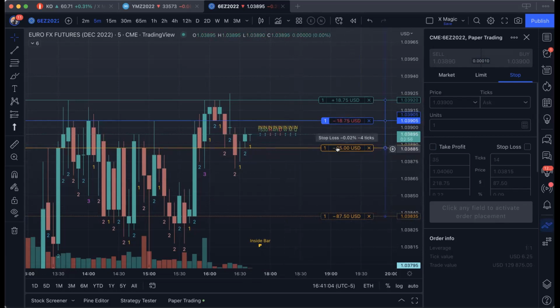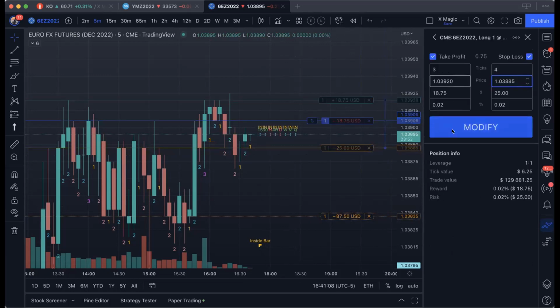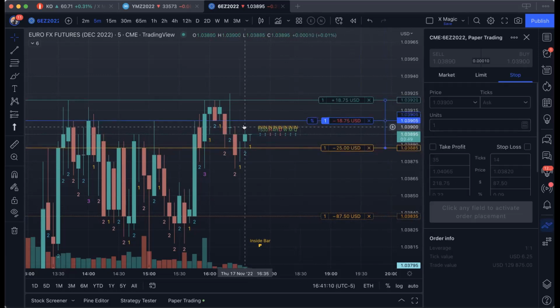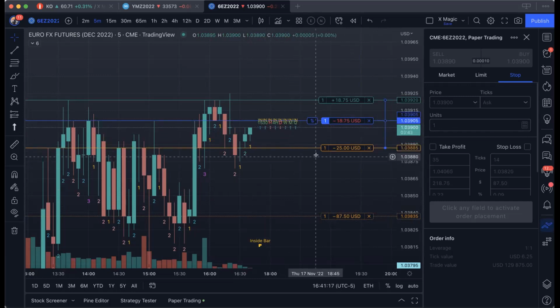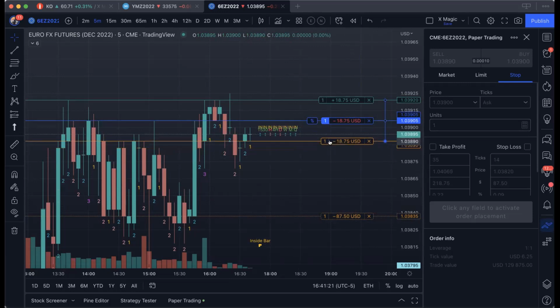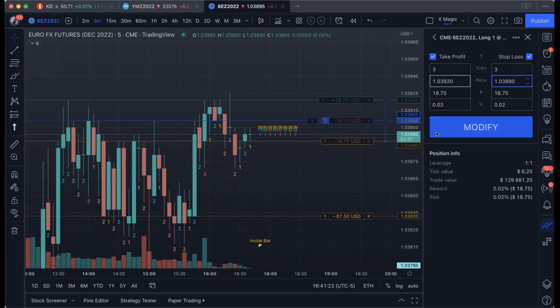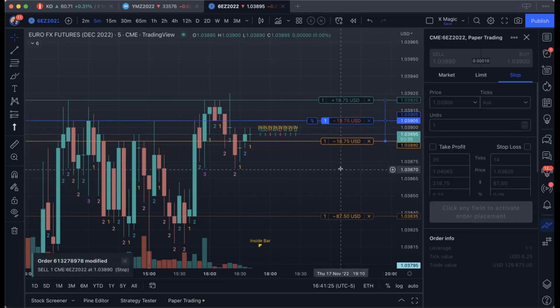Because I like to, for the most part, have my stop already mapped out. But if I set my buy stop here, sometimes they'll trigger me in, and the trade might not be valid just yet, if that makes sense. Hopefully it does.